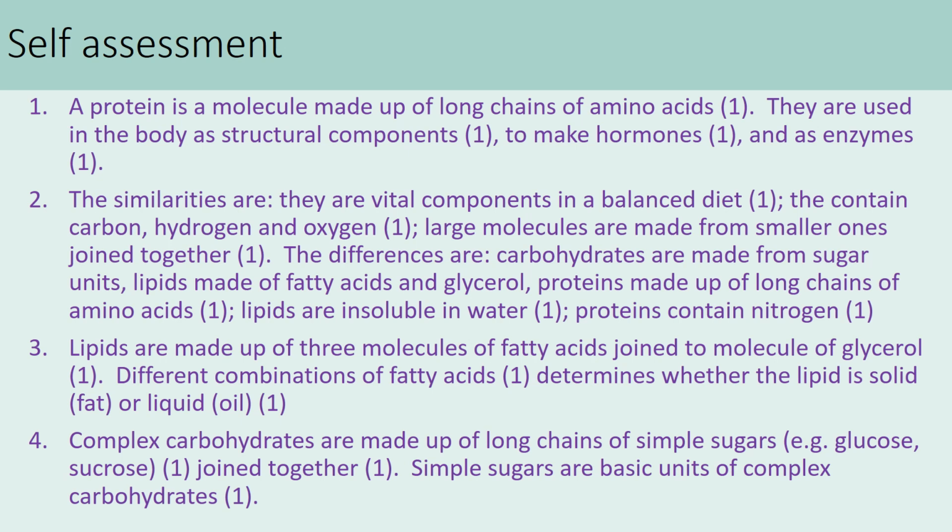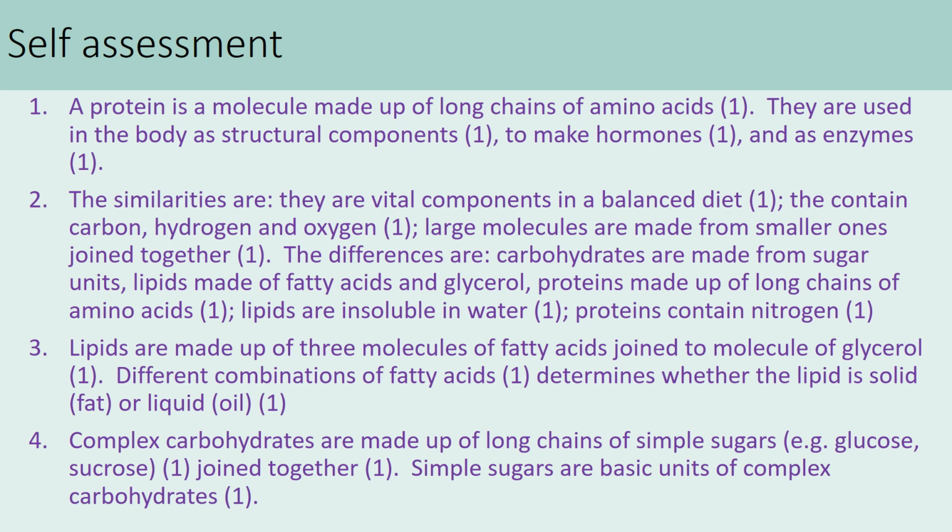Number 3 was explain why lipids can either be fats or oils. So all lipids are made up of glycerol and fatty acids. And depending on which fatty acids it has, will determine if it's a solid, which we refer to as fats, or a liquid, which we refer to as oils.